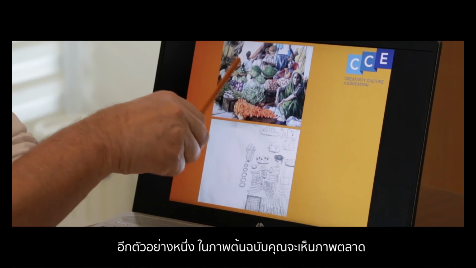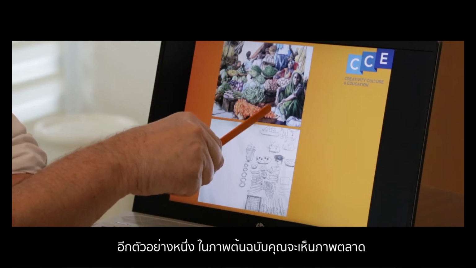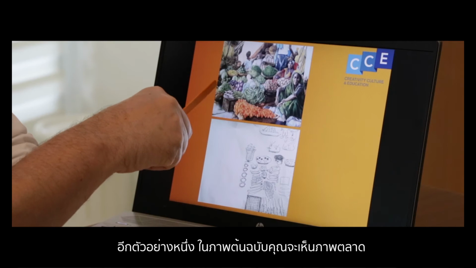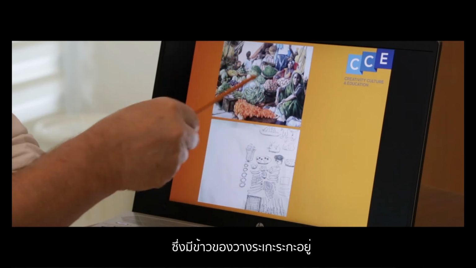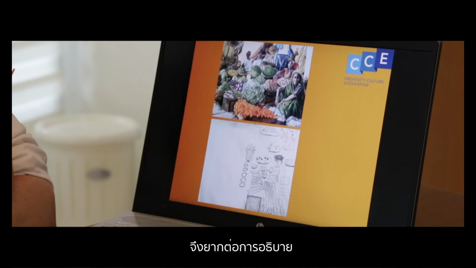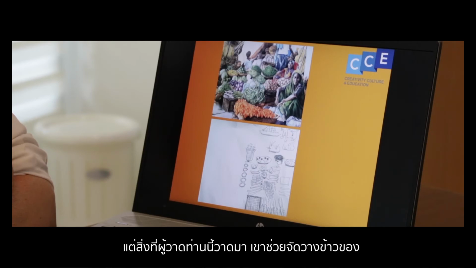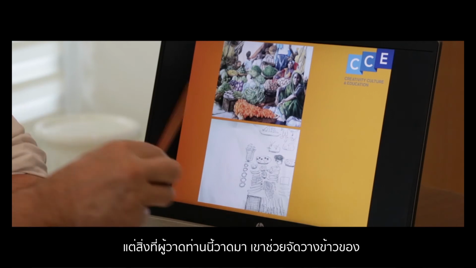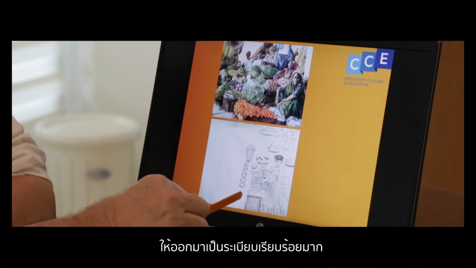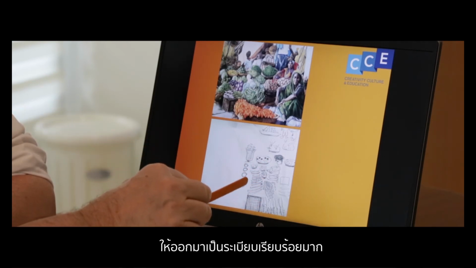Here's another one. In the original, you will see that it's a market scene, and this is a big mess going on here. And it's very complicated to describe. But when the person draws it, they've tidied it up. It has become very neat and organized.